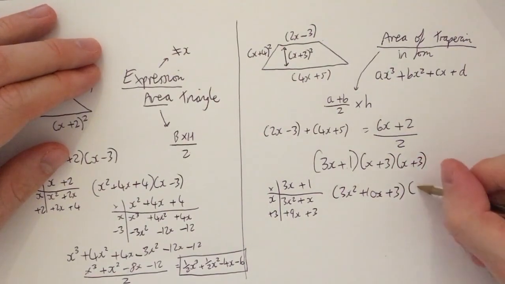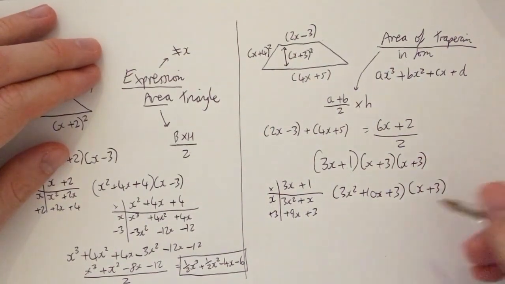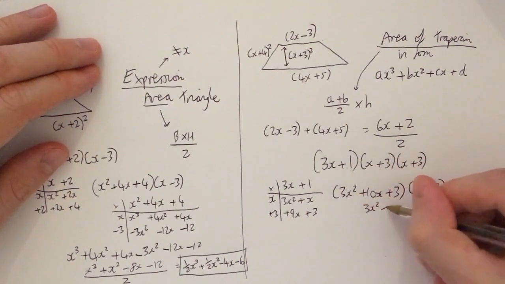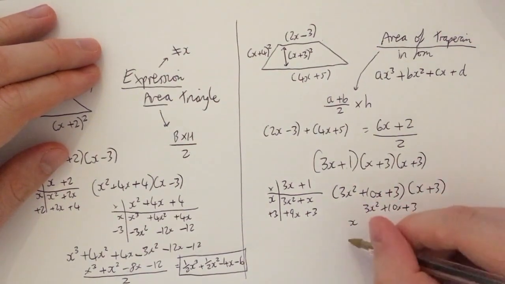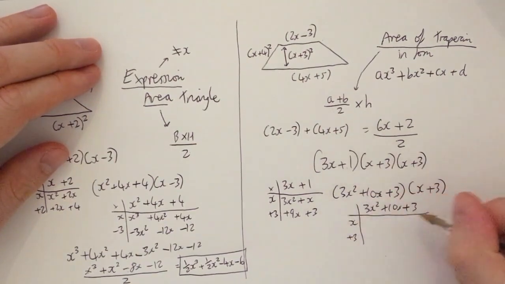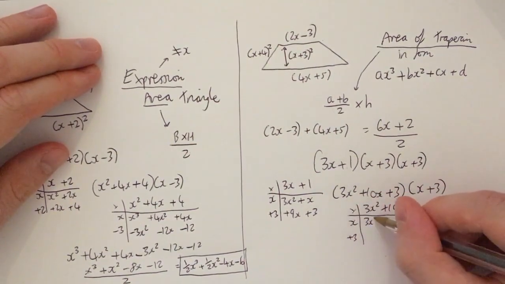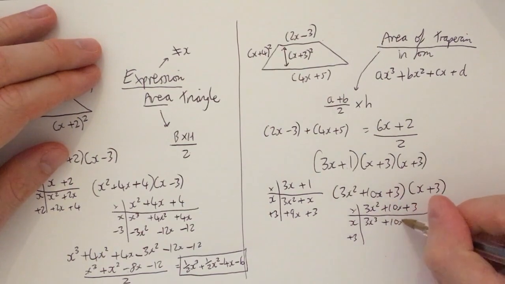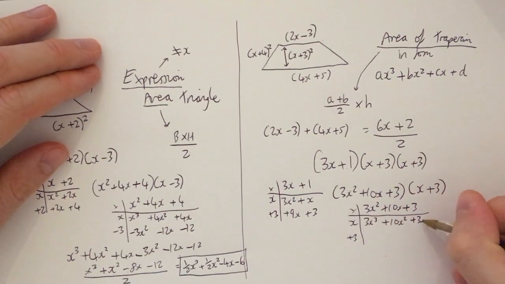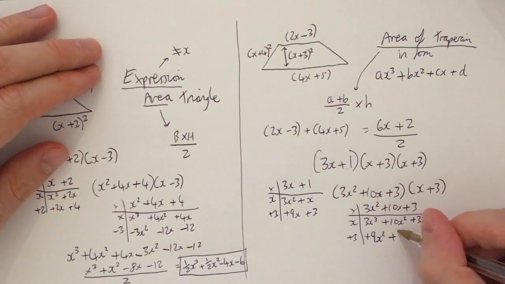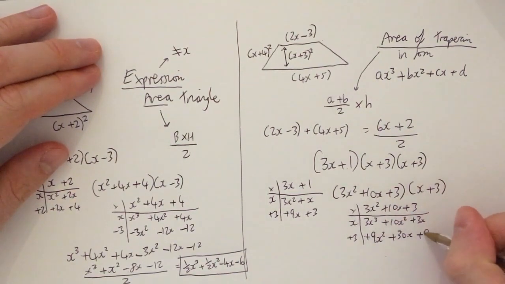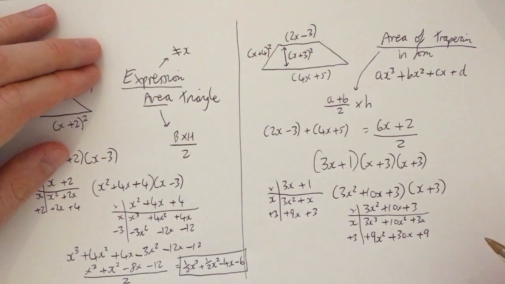Going to bring down the second bracket, x + 3. So 3x squared + 10x + 3, times x + 3. Going to multiply them. So 3x cubed + 10x squared + 3x + 9x squared + 30x + 9.